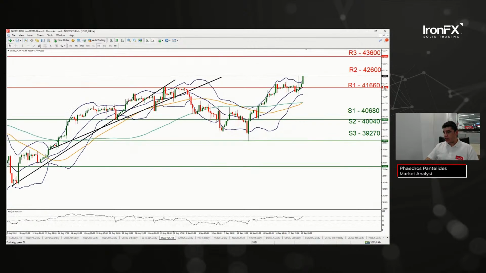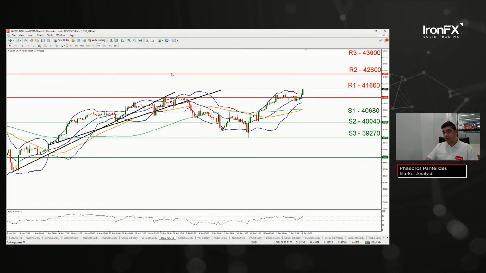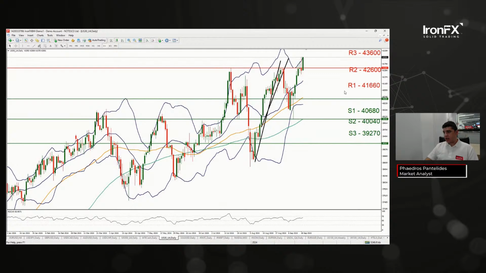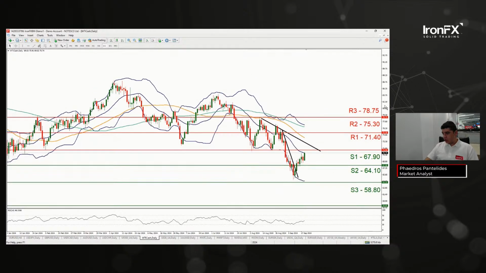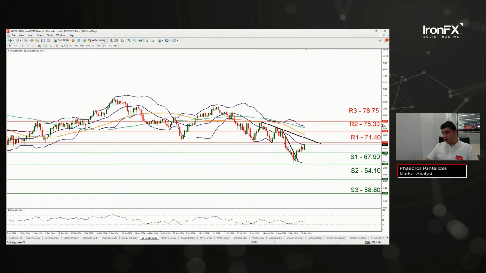Same with the Nasdaq. Same with the S&P 500, and in theory, should be the same for the Nasdaq 100. Let's see. Still, target is R2, hypothetical resistance at 42,600 for the Dow Jones 30. Crude oil, so it's taking aim for our R1 resistance line of 71.14.